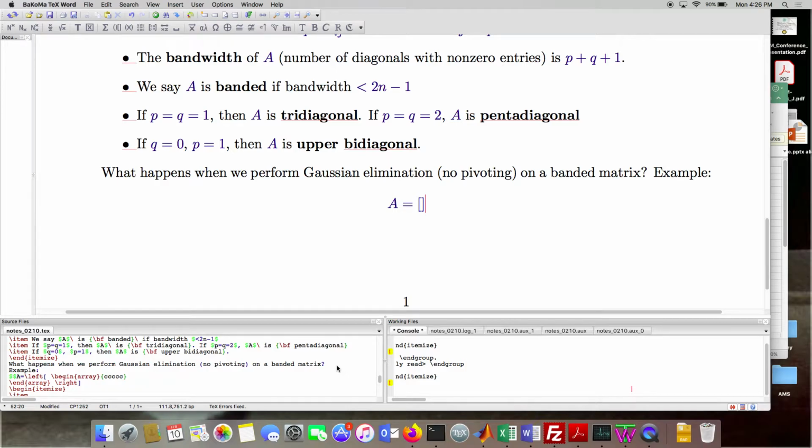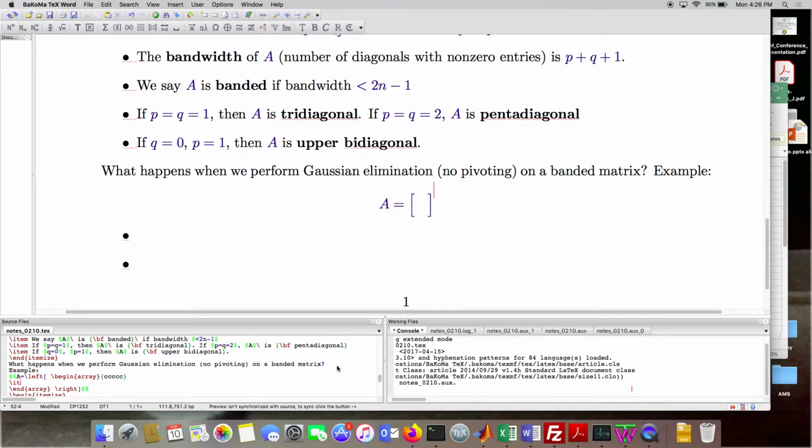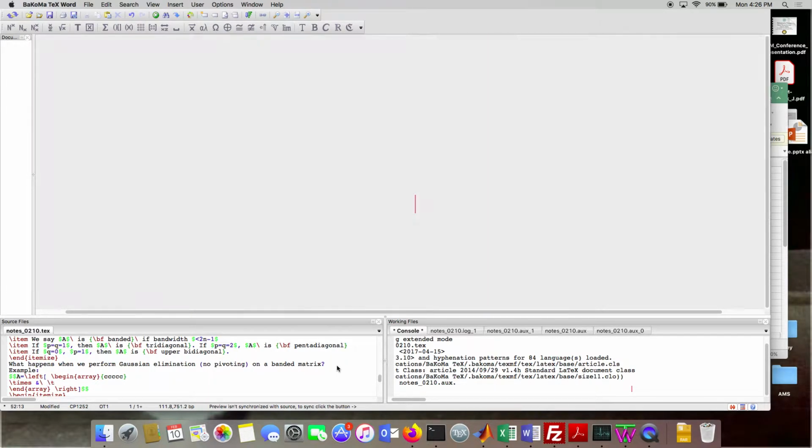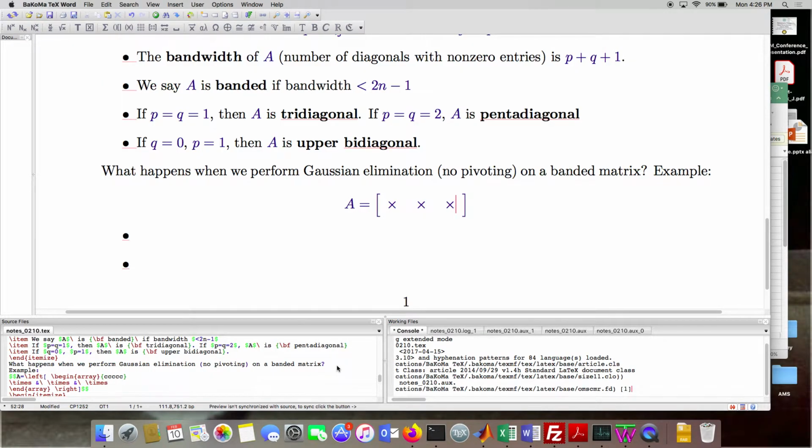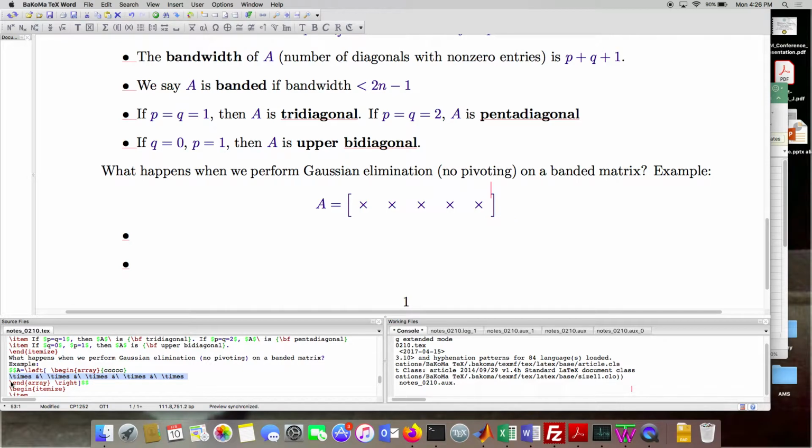And we don't really care about the numbers anyway. What we care about is which ones are 0 or non-zero. So I'm going to fill in a matrix where I'm going to use x's to signify non-zero entries.